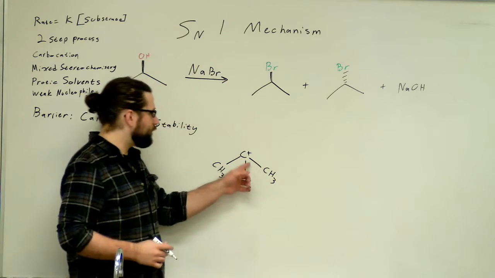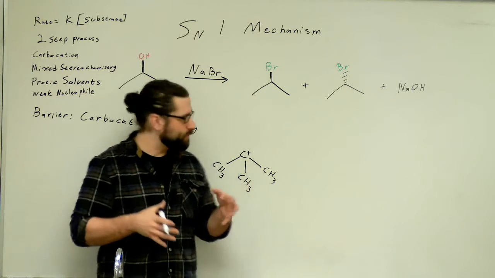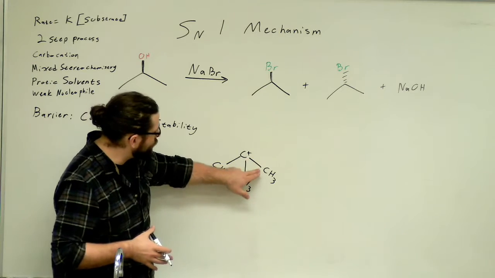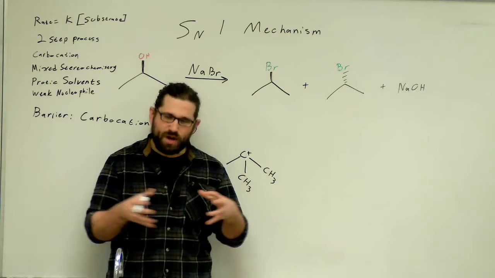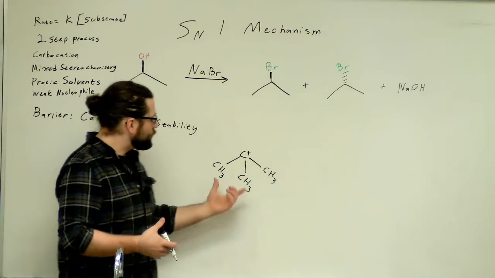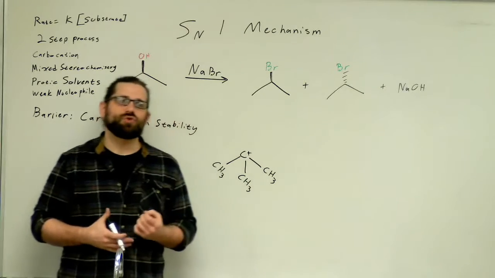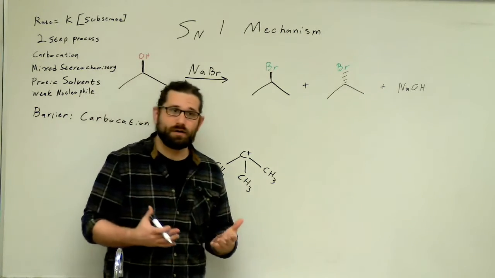These carbons are all going to share that positive charge. And so this positive charge actually gets spread out between all four of these carbons. They're all related, they all spread it out, and so it's going to have greater stability. So tertiary substituted groups are going to follow the SN1 mechanism a lot better.